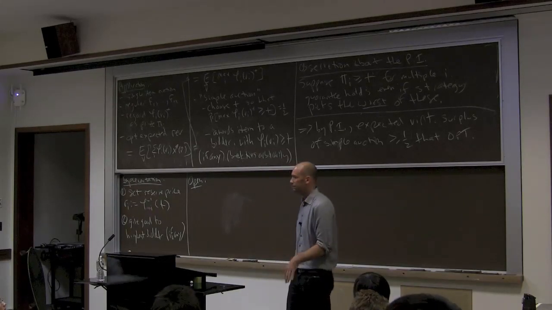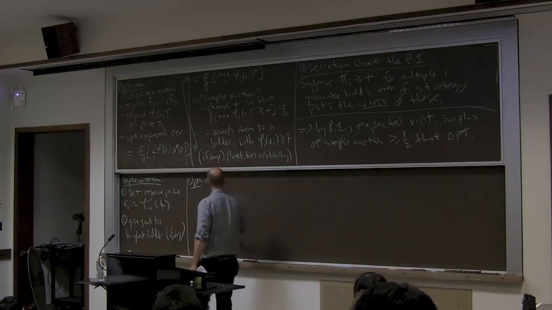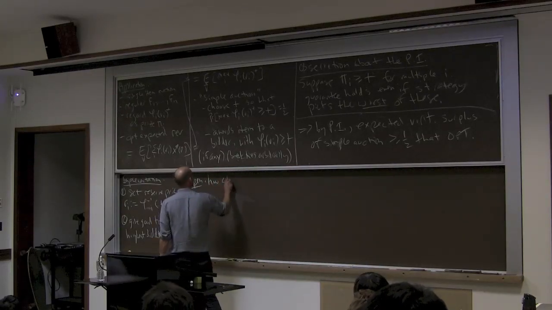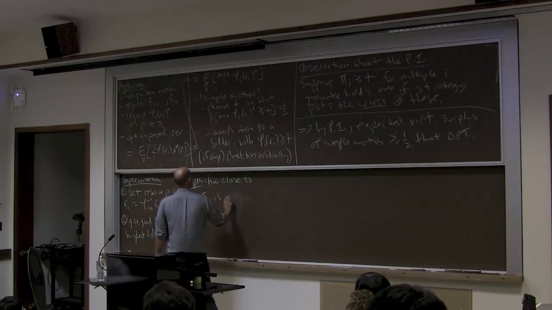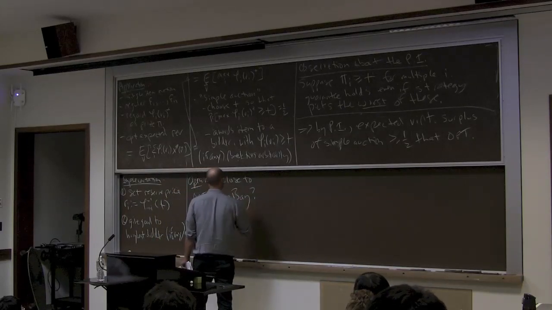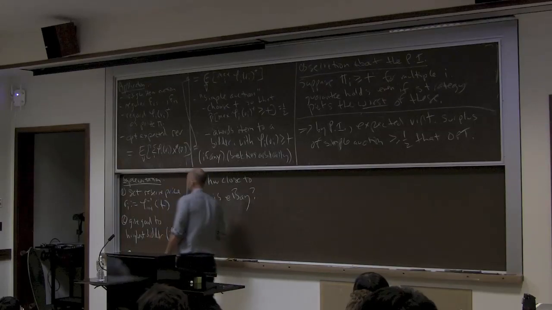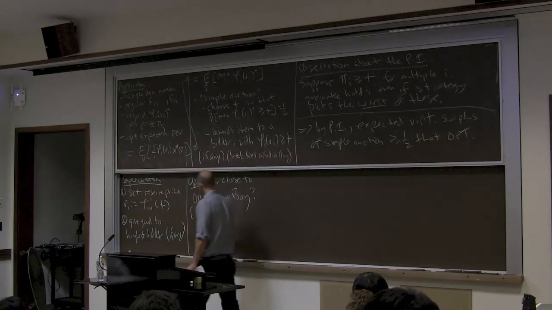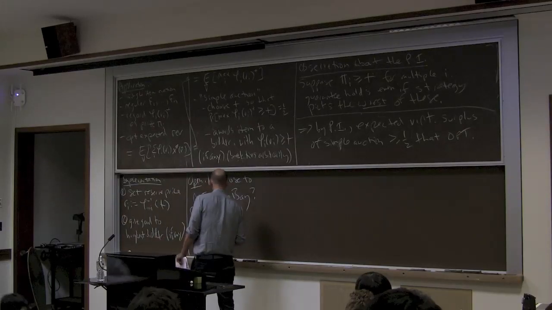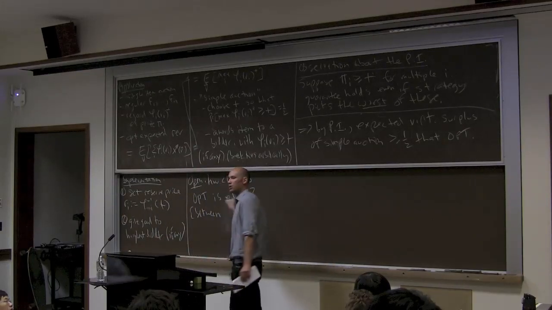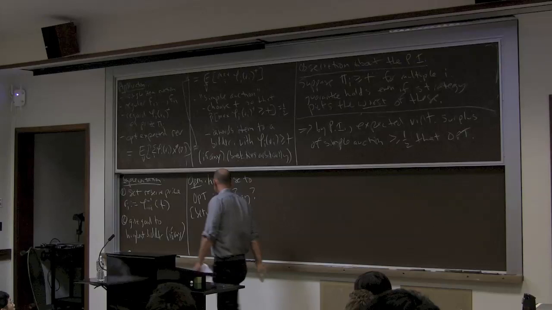It's an open question. I do know some bounds on the answer. In a paper with Jason Hartline, we proved the answer is somewhere between 2 and 4. We don't know where.